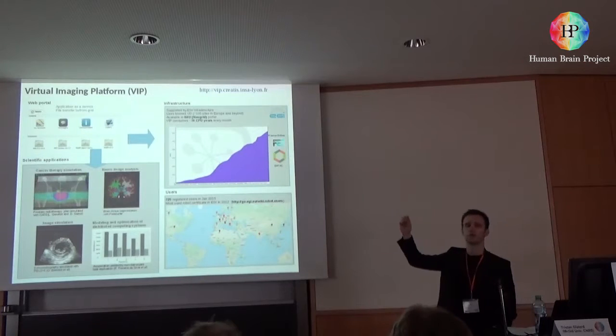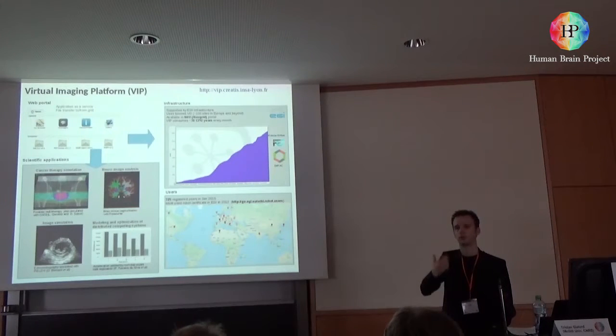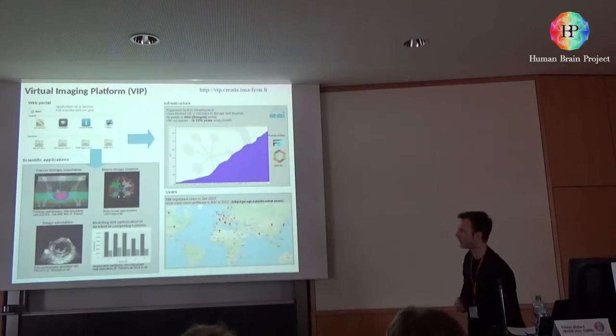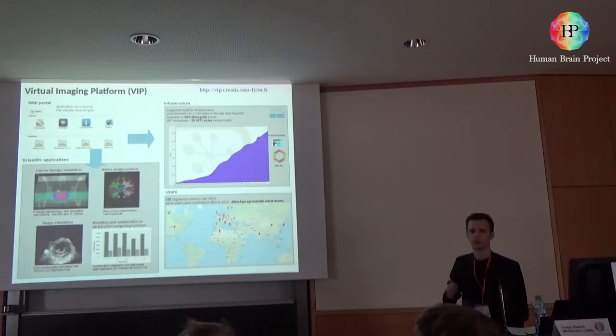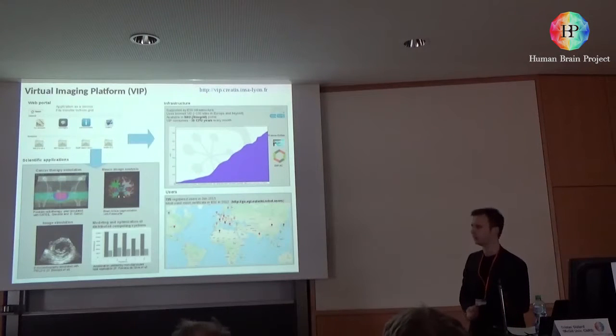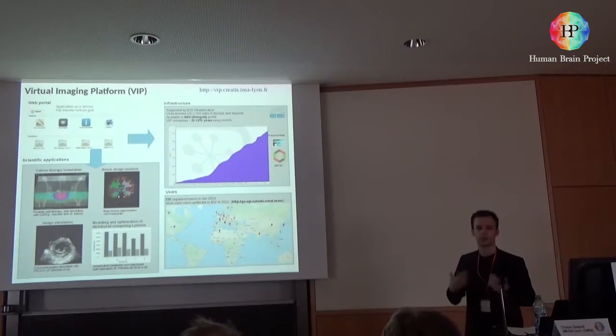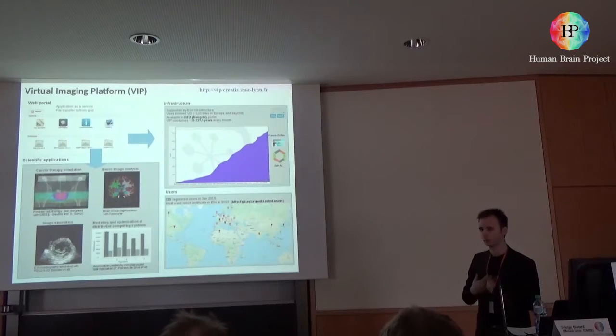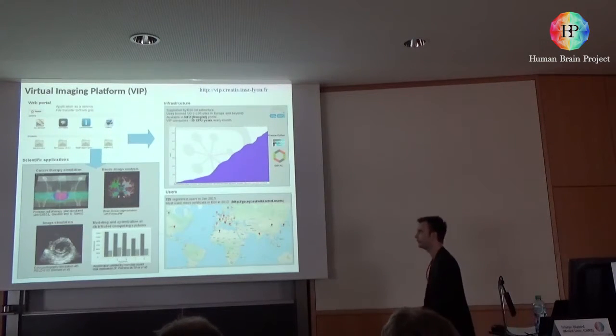In this web portal, you can transfer files to the European grid infrastructure, which is also an open infrastructure for scientific research in Europe, openly accessible. So if you have big workloads to compute, you can access this infrastructure freely.